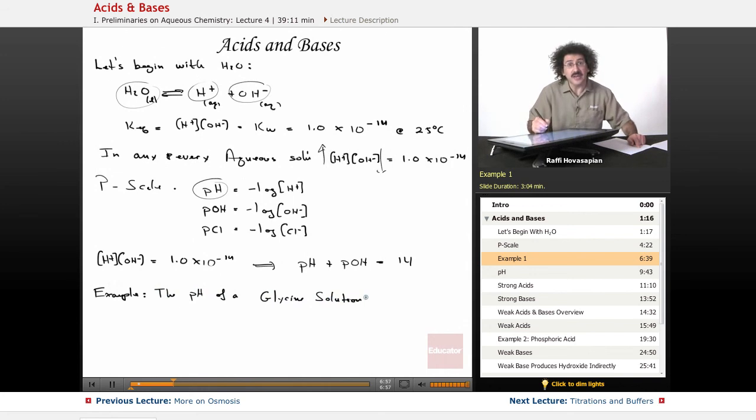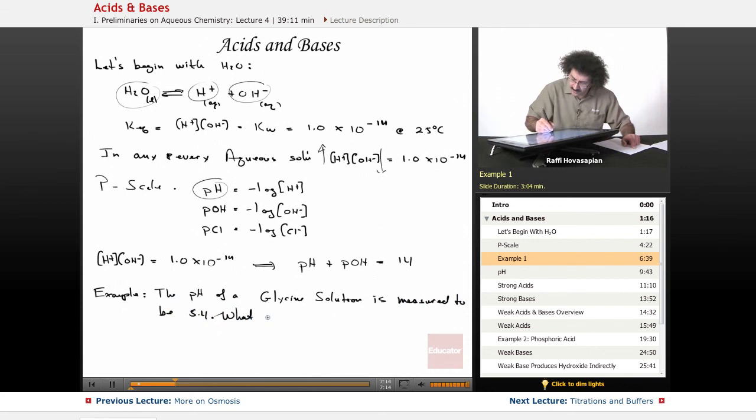Glycine is an amino acid, and we'll get to that in just a couple of lessons when we start to discuss proteins, is measured to be 5.4. Okay. The question for us is, what is the hydroxide ion concentration in the solution?